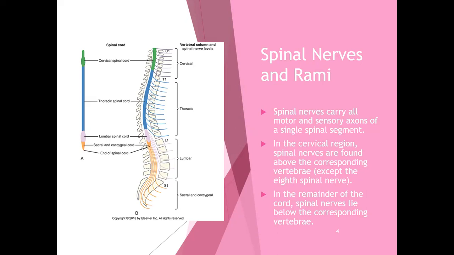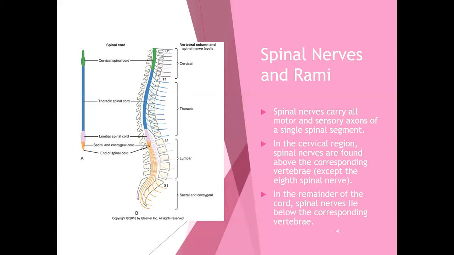And the remainder of the spinal nerves are below the corresponding vertebra. So when you're in the cervical region, spinal nerve roots C1 through C7 exit above the vertebrae. C8 exits above T1, and then T1 through S1 all exit below the vertebra. So hopefully that makes sense.